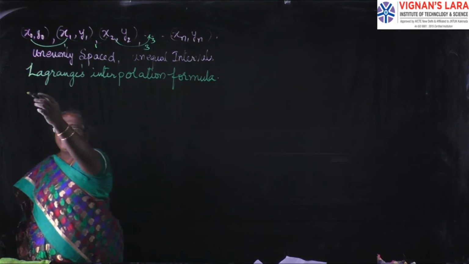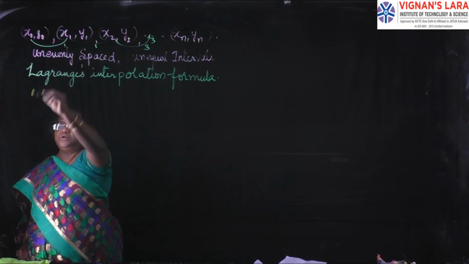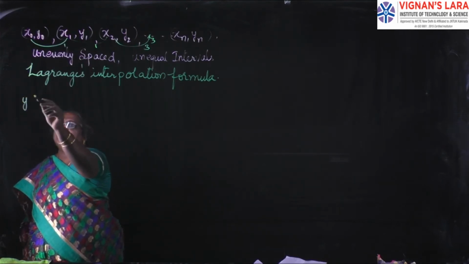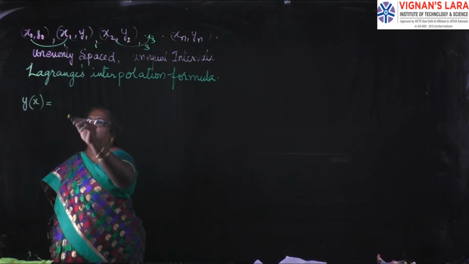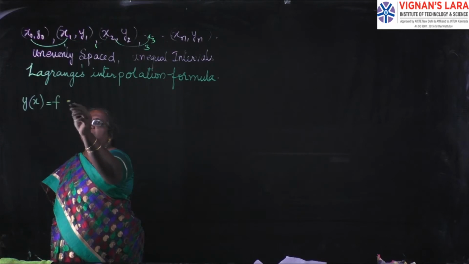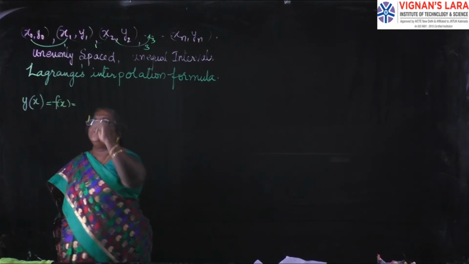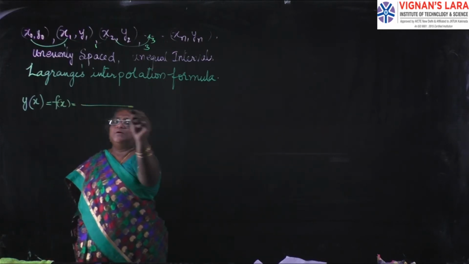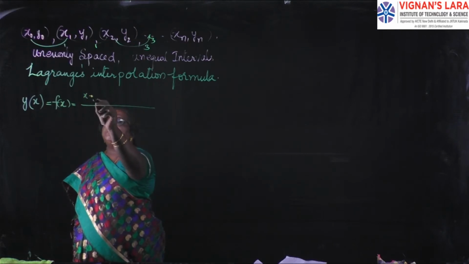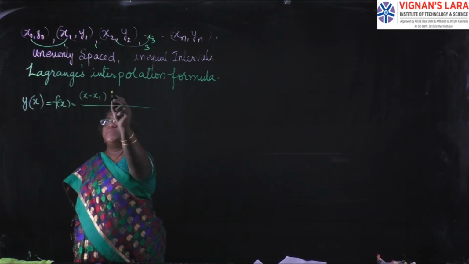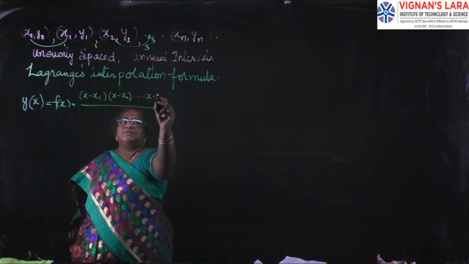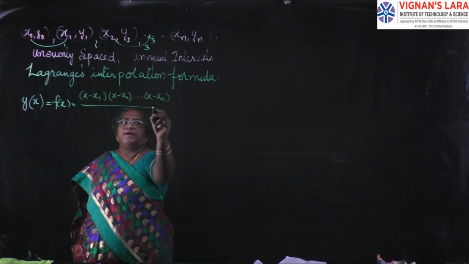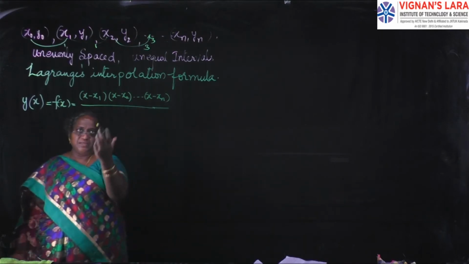So the formula goes like this. For the given ordered pairs, y of x, or you can use f of x also, some of the textbooks use f of x, is equal to: (x minus x1)(x minus x2) and so on up to (x minus xn), divided by, what is missing in the numerator?